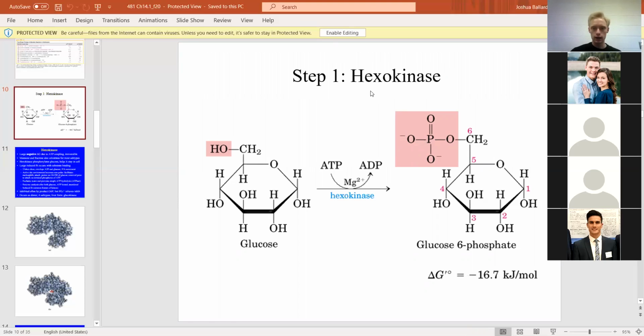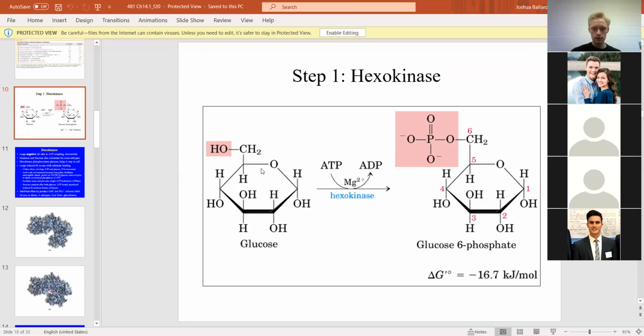So a kinase always puts a phosphoryl or phosphate group on something. In this case, it's putting a phosphate group on glucose. So that glucose becomes glucose 6-phosphate. Step 3 is also a kinase that puts a phosphoryl group on the fructose molecule. I think it's the fructose 6-phosphate.